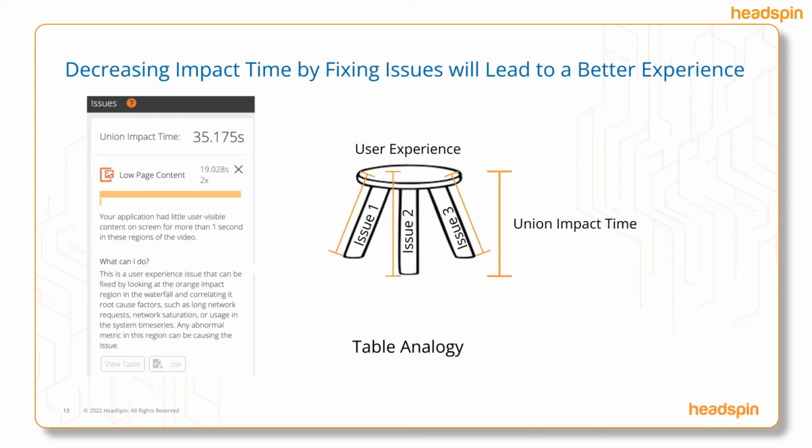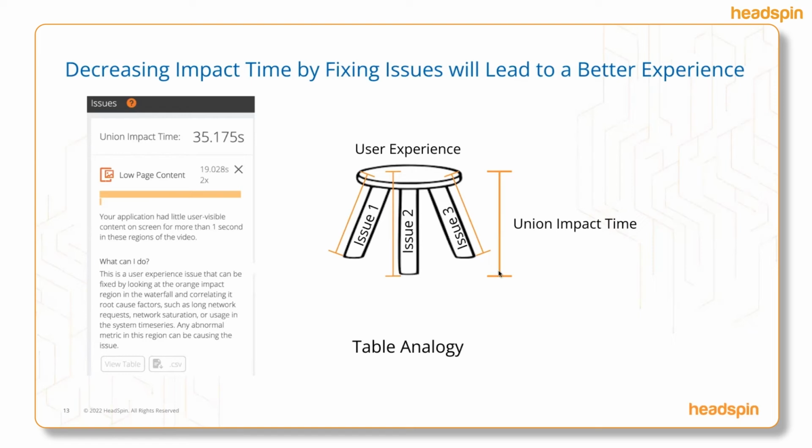better user experience. So let's imagine that we have a table, and let's say it has just 3 legs here, corresponding to 3 different issue cards, issue 1, issue 2, and issue 3. We can measure the height of this table as this union impact time metric, which is this top level metric.